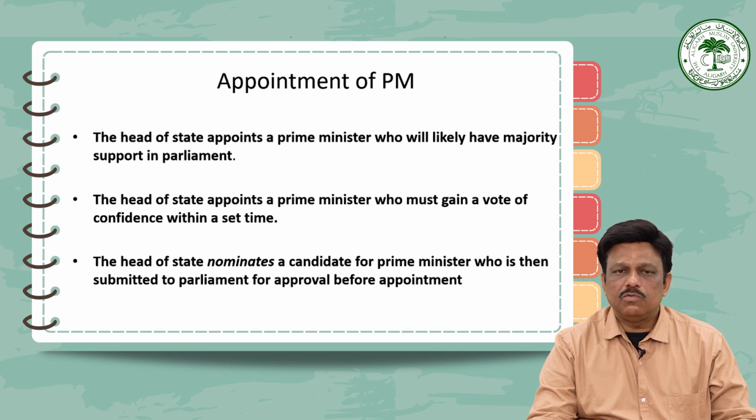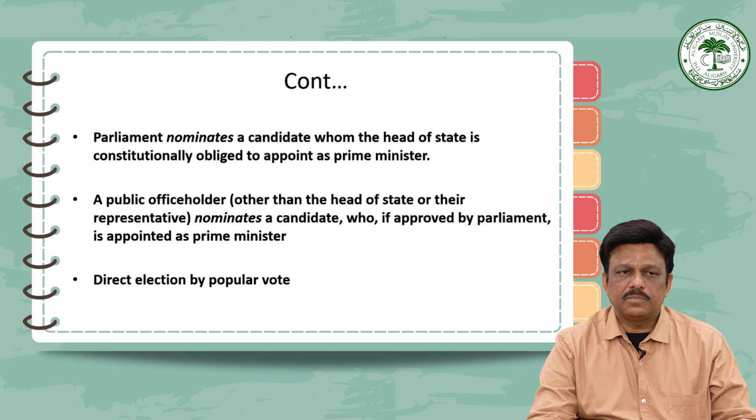Also Germany, where under the German Basic Law, that is the constitution, the Bundestag votes on a candidate nominated by the federal president. Now in these cases, Parliament can choose another candidate who then would be appointed by the head of the state. Now this system is used in Germany and Spain.